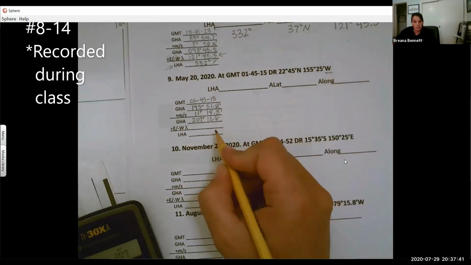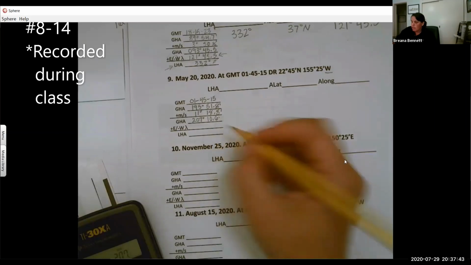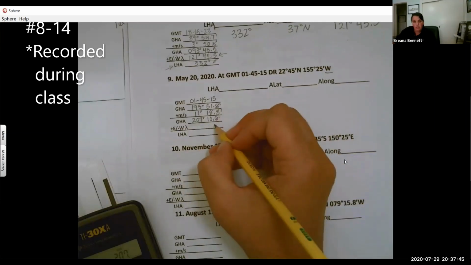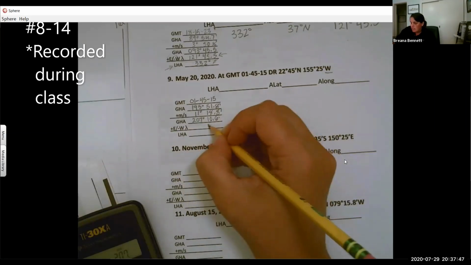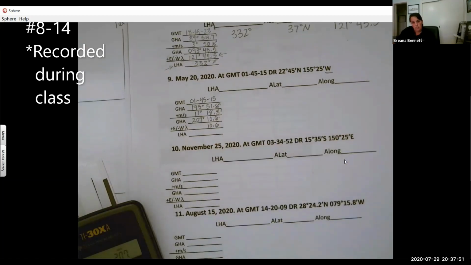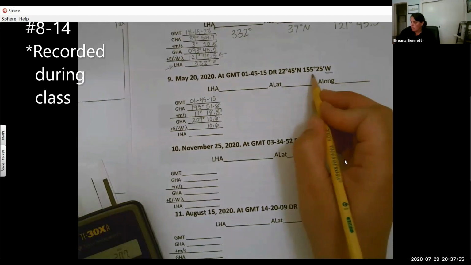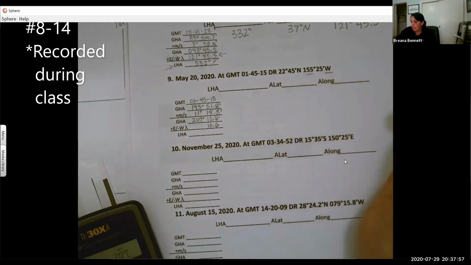And we are in the west. So again, I'm going to be subtracting. So I know that my assumed longitude is going to be ending in 10.6. And now I have to decide what is closest to 155.